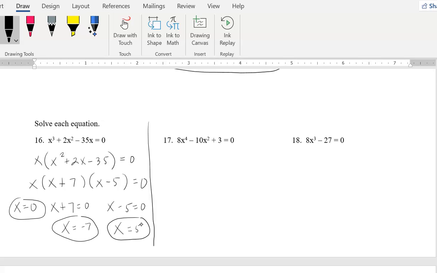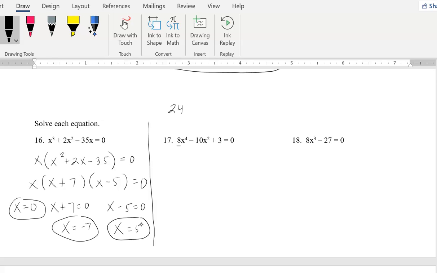All right, for number 17, looking for a GCF. I don't see one. So it's a trinomial. So I wonder, since this number in front of x to the fourth is bigger than 1, if we can factor using the box method. So we can if, let's just go ahead and do the first and the last multiplied together.